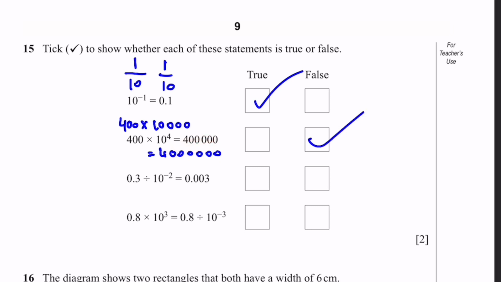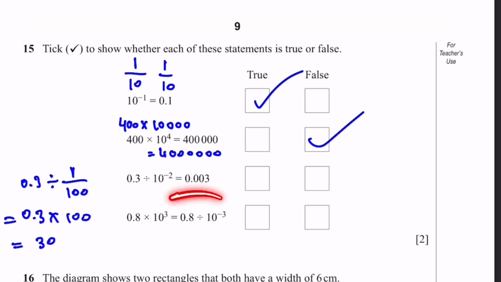So this is false. 0.3 divided by 10 to the power minus 2 equals 0.003. So 0.3 divided by 1 by 100, which is 1 by 10 to the power of 2. And that's equal to 0.3 times 100, which is 30. And it's given 0.03, so this is again false. 0.8 times 10 to the power of 3 equals 0.8 divided by 10 to the power of minus 3.